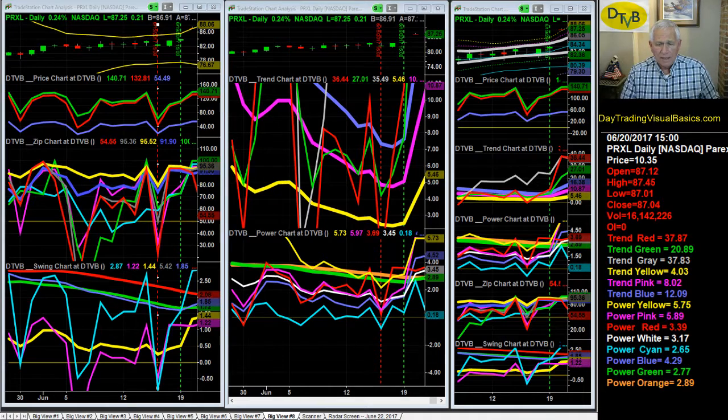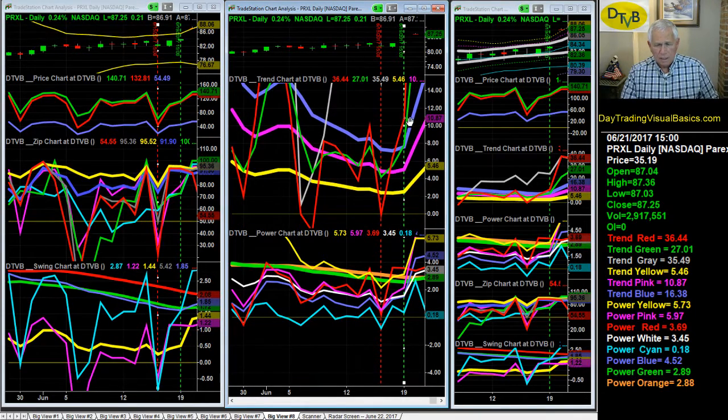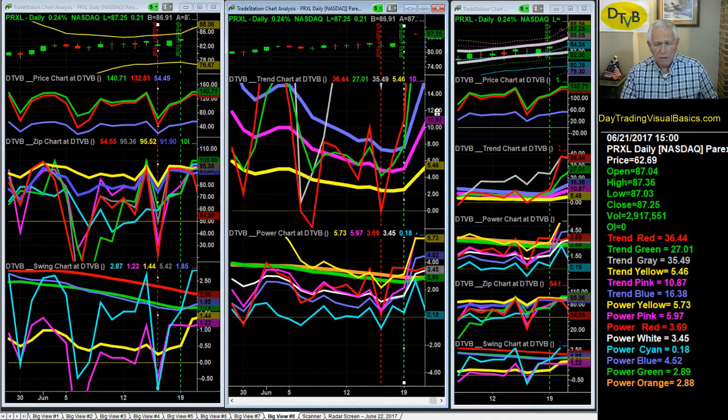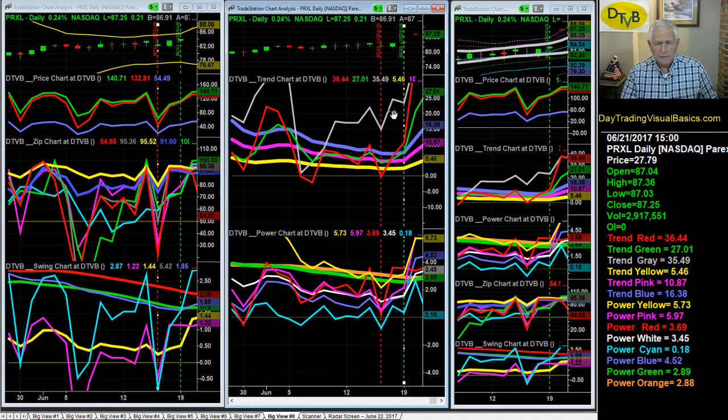And so this example that I have is in PRXL, and this date on the vertical green line is June 19th, 2017. And what we have here is a Sky Touch situation in the trend chart where you have a down up up pattern in the trend red and green, and then gray, of course, is much higher on the green line.